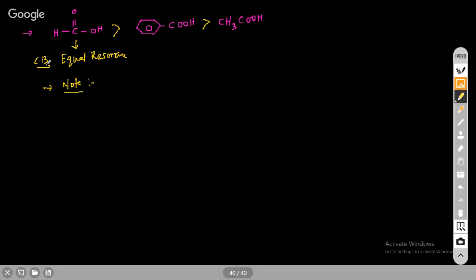All other aliphatic carboxylic acids except formic acid are less acidic than aromatic carboxylic acid. Clear? The reason is what? Equal resonance.